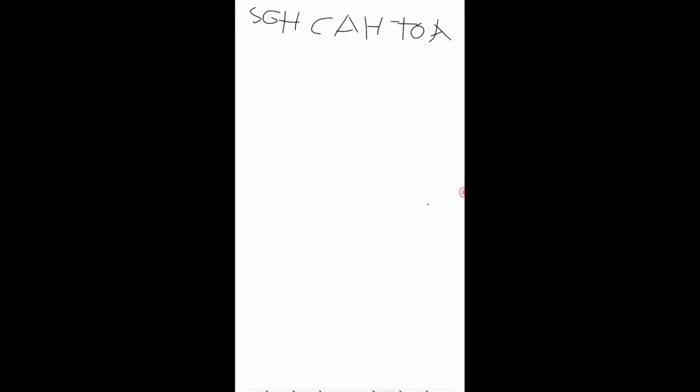After finally solving all of the sides, the opposite, the hypotenuse, and the adjacent, we will now use SOH-CAH-TOA to solve for the trigonometric functions. First, we'll do our sine.